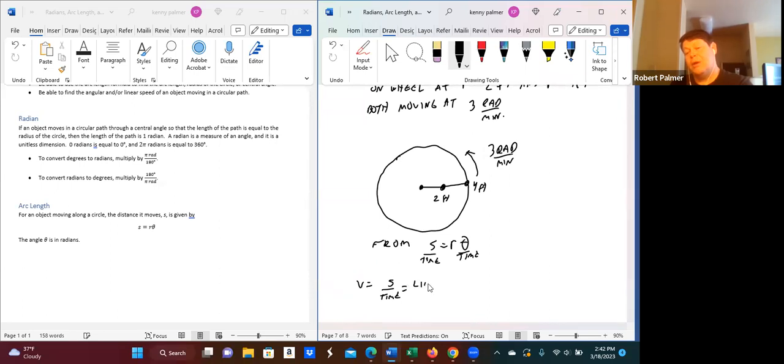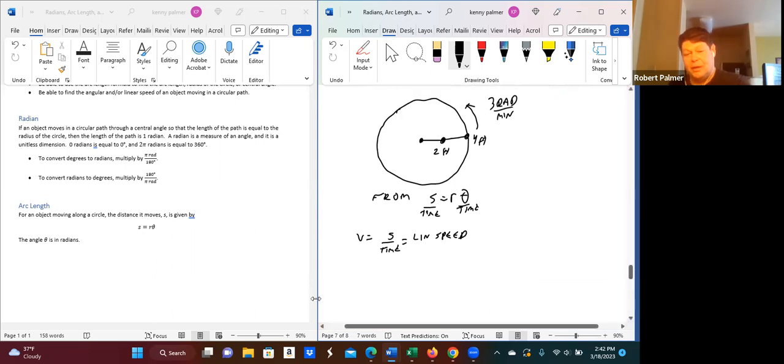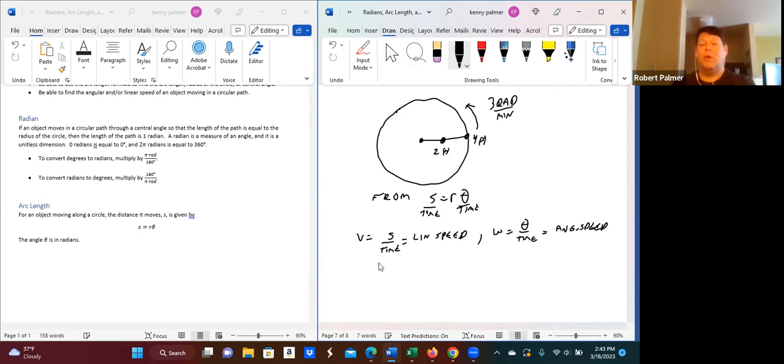This is our linear speed, V for velocity. And then theta over time, let's call it omega, small Greek letter omega, kind of like a W, equal to theta over time. This is the angular speed. So basically use the same form: V equals R times omega.